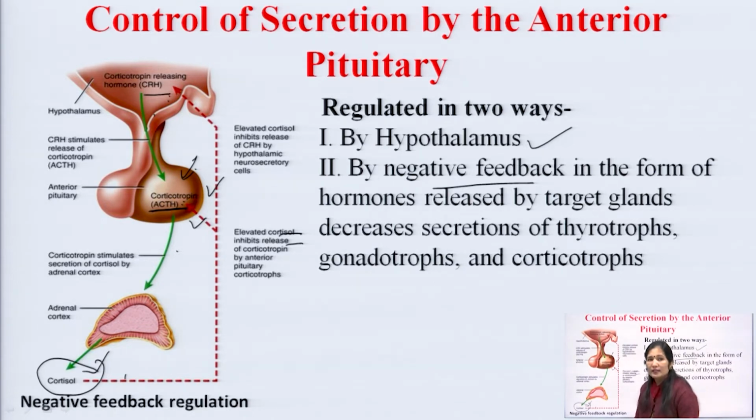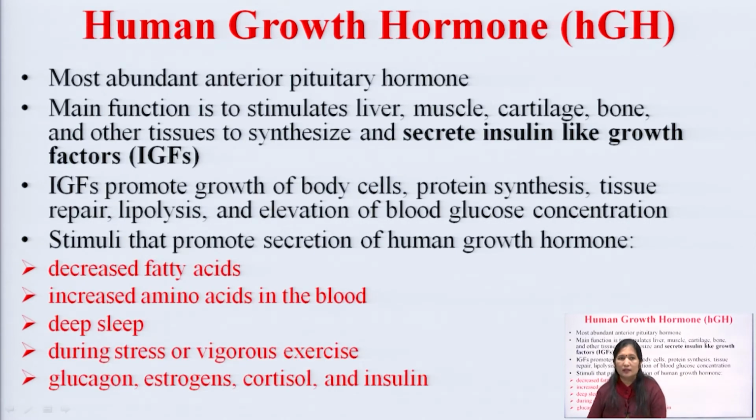As soon as the level of a hormone rises, it inhibits the release of its stimulatory hormones from the pituitary and from the hypothalamus. This negative feedback mechanism regulates the secretion of most hormones. Now, one by one we will discuss the pituitary hormones.